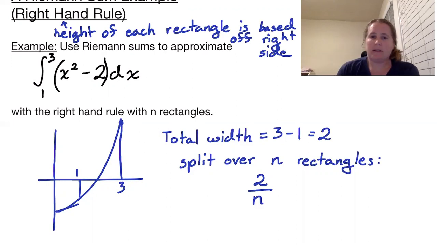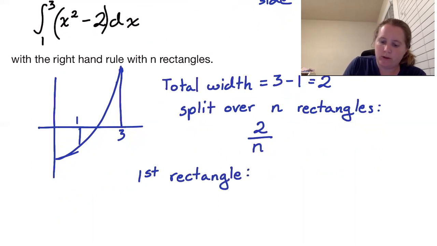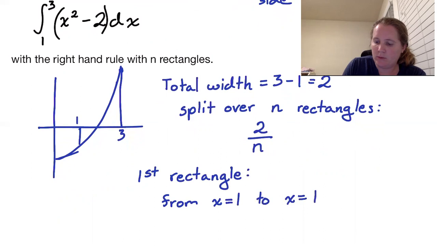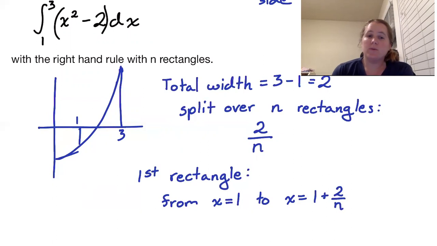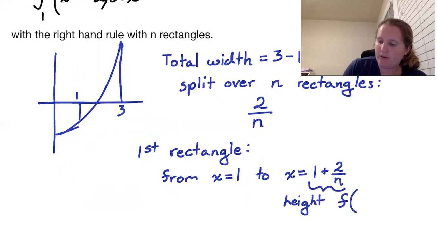So our first rectangle will go from x equals 1 to x equals 1 plus 2 over n. And we want to use the right side. And so the height will be based off of this right side. So our height will be f of 1 plus 2 over n using the right side.